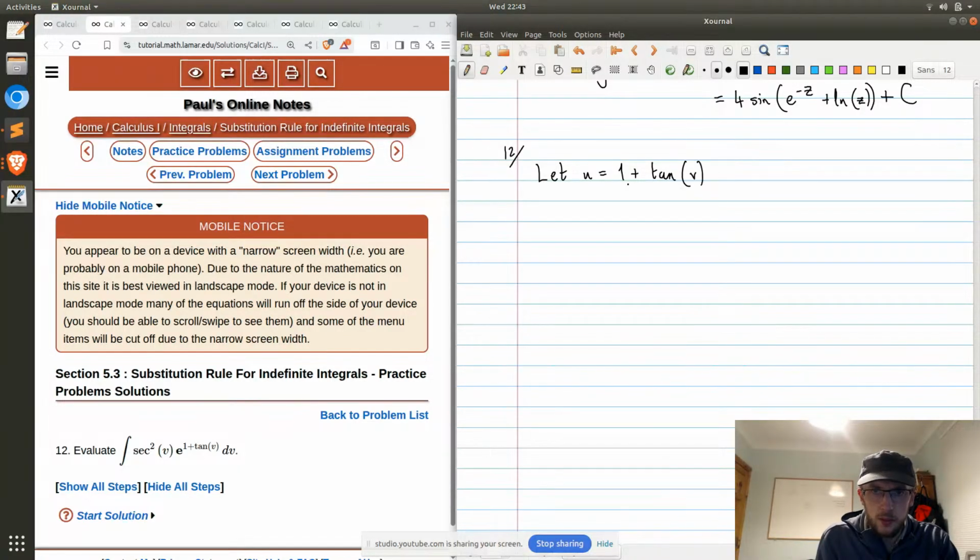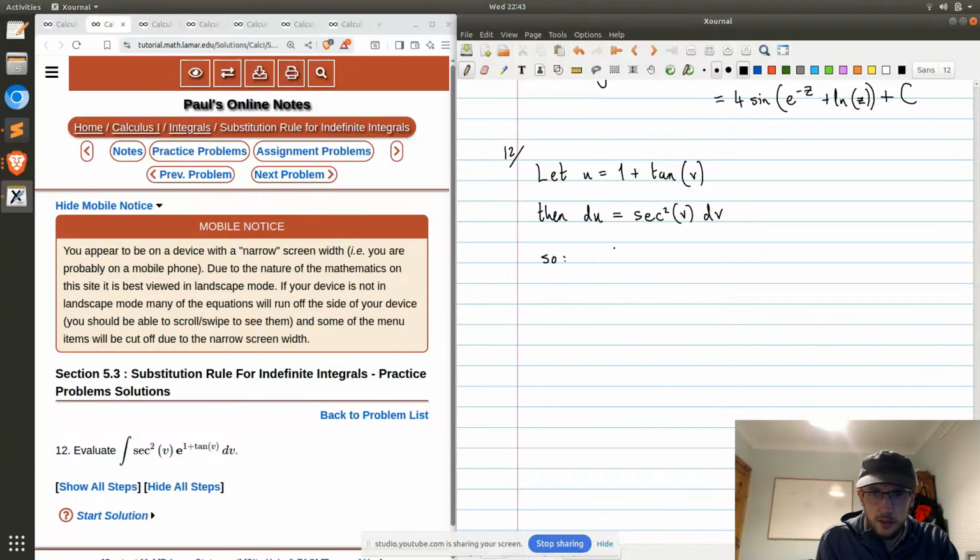Let u equal 1 plus tan of v. Obtaining differentials, du is sec squared of v dv, like that.